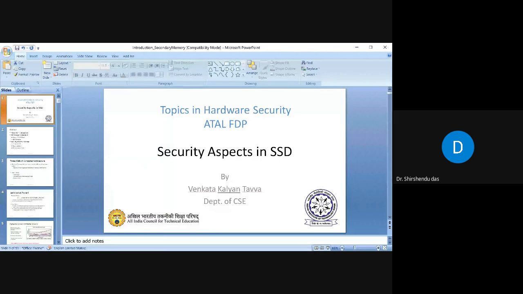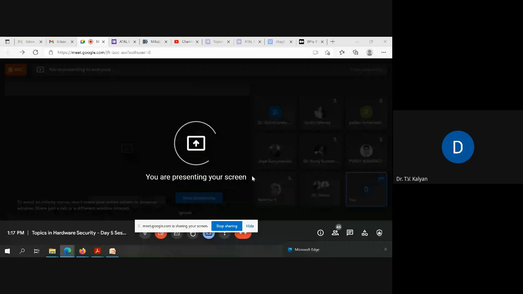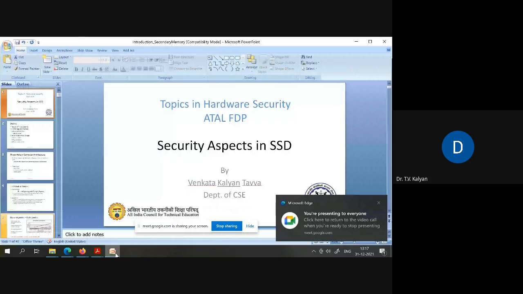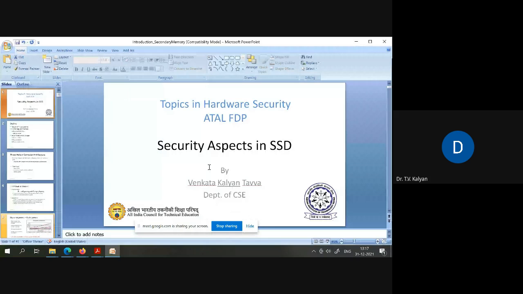Okay, stop sharing then. Let me check. How do I do it? You share the entire screen, then I think. Okay, let me try that. Does it show now? Yes. Let me try full screen.